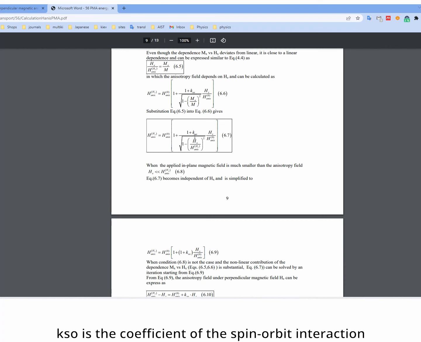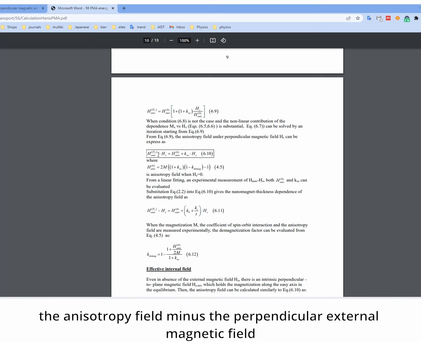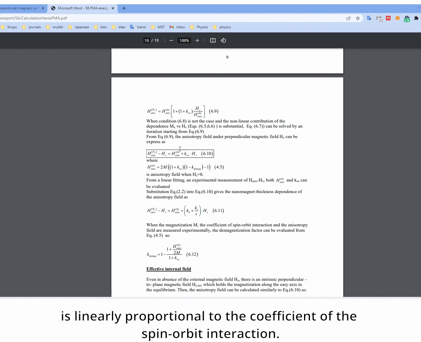K(SO) is the coefficient of spin-orbit interaction. The term under the square root is a small parameter. When it is ignored, the formula simplifies to formula 6.10, which reads that the anisotropic field minus the perpendicular external magnetic field is linearly proportional to the coefficient of the spin-orbit interaction.